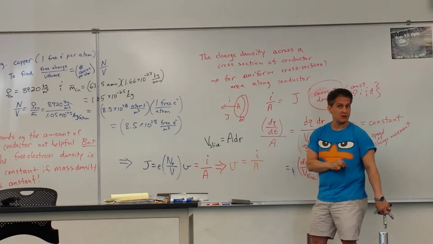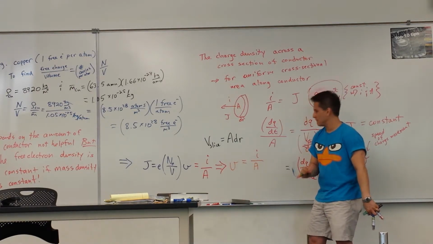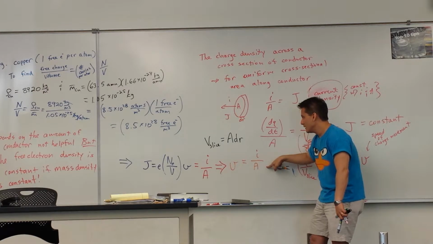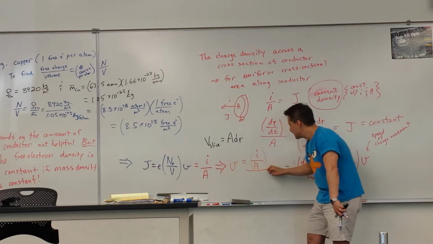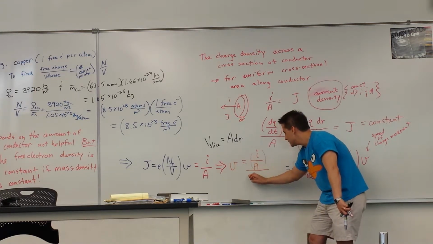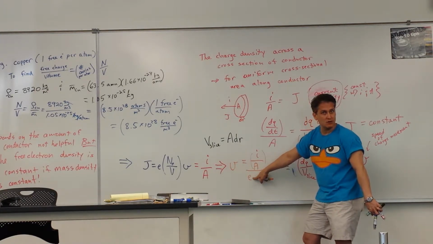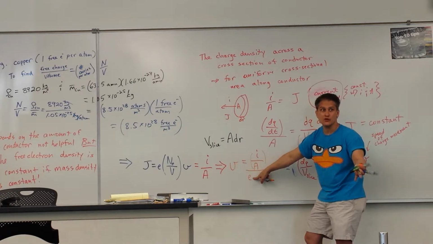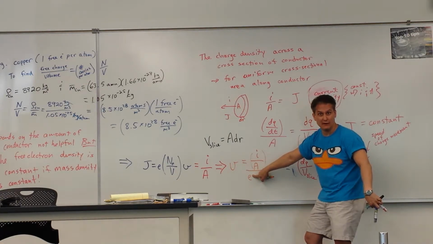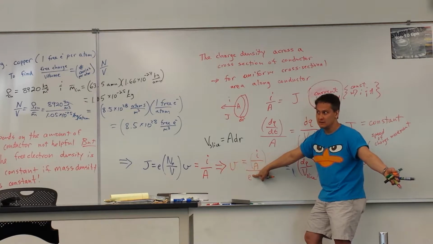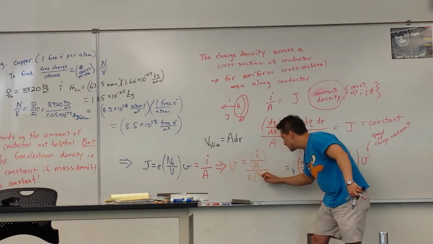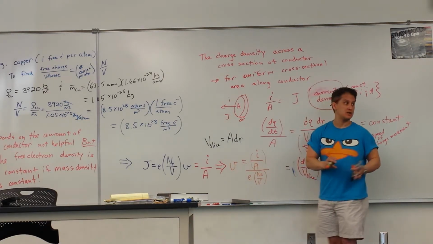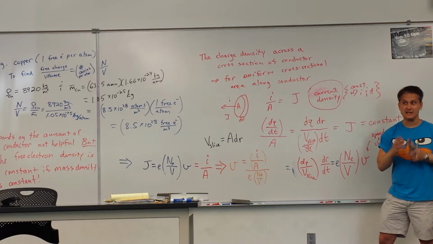There's your J. I'm going to write it in long form. This stuff here divided by the charge of the moving carrier, which would be an electron charge, whether it's positive or negative. It's just the e value, 1.6 times 10 to the negative 19 coulombs, times the charge carrier density, which is a constant for a particular material, for a particular density of substance.